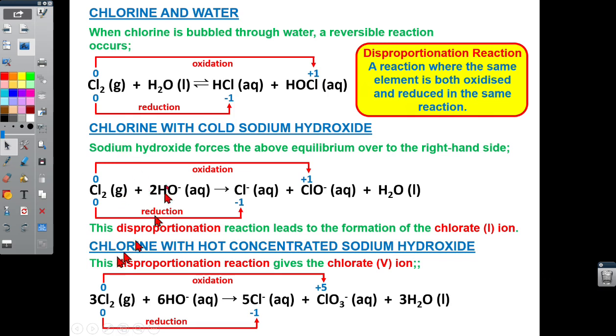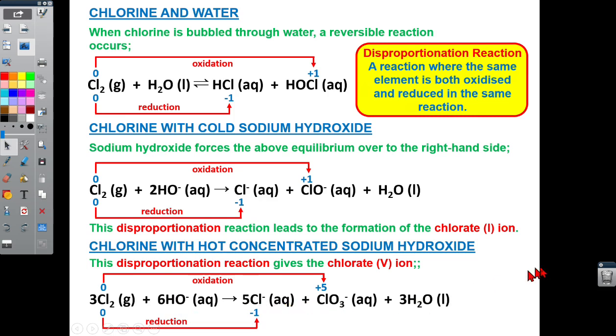These are the two reactions that really feature in the exam. Chlorine with cold sodium hydroxide, an example of disproportionation forming chlorate 1 ions and chloride ions, and chlorine with hot concentrated sodium hydroxide forming chloride ions and chlorate 5 ions.